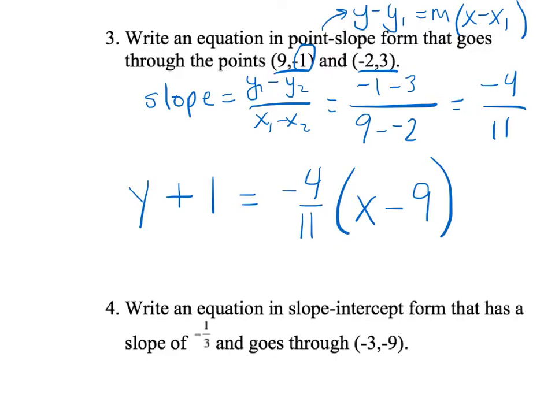So it follows that you could have two possible equations here, or y minus 3, and this is coming from this second point, negative 4/11 times x plus 2. Either of these is correct. So both are correct.